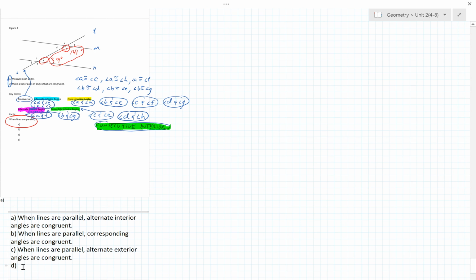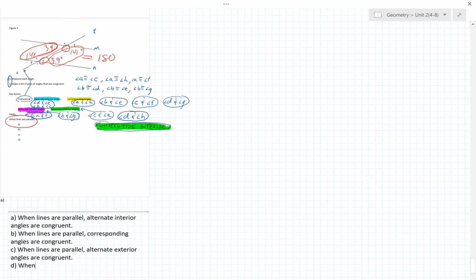Okay, hopefully you realize that 39 and 141, those are supplementary angles. They add up to 180 degrees. And that is always going to be true. We see that on the other side. If we make this 39 and 141, those same side interior angles also add up to 180, and they always will for as long as the lines are parallel.